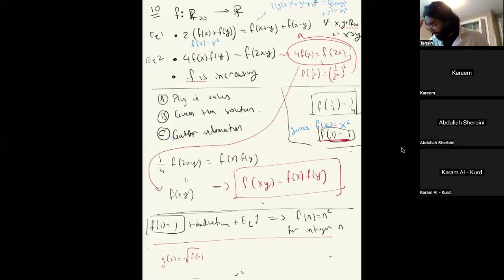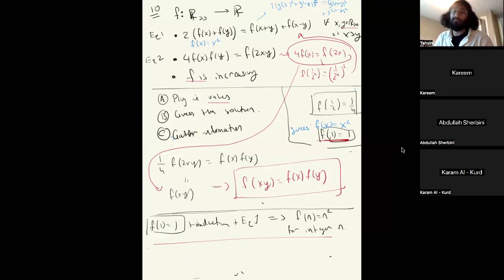But you're right, it's a good comment that if you ever want to take the square root, you have to prove that something is non-negative. But I think what Kareem's argument has shown is that f itself is actually Cauchy, or almost Cauchy. It's multiplicative Cauchy.